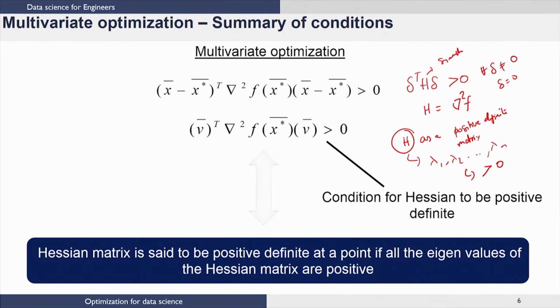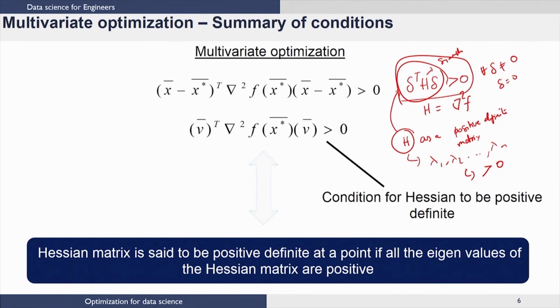In other words, if all the eigenvalues of this matrix are greater than 0, it is automatically guaranteed that whenever we compute this for any delta direction, we will always get a positive quantity. So, this has already been proved. So, if you want this to be positive for any direction, why do we want this?